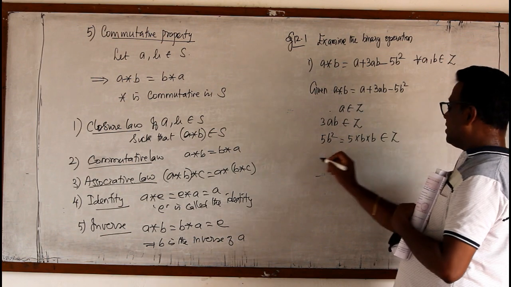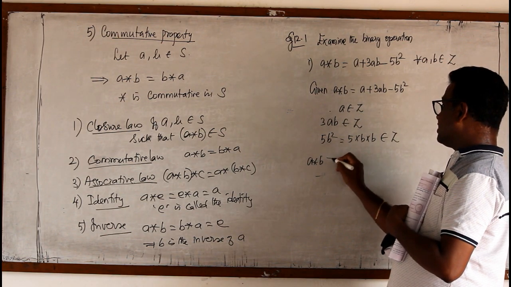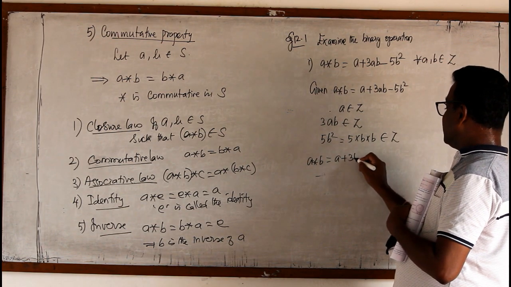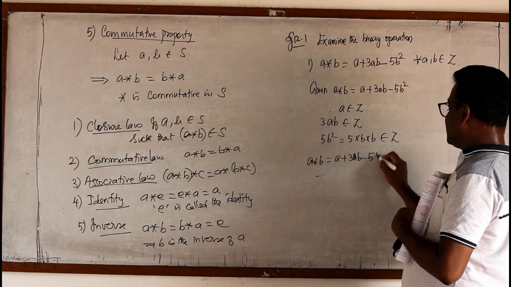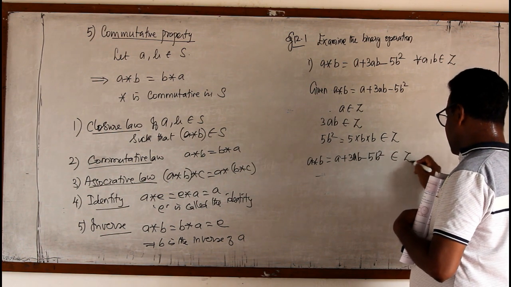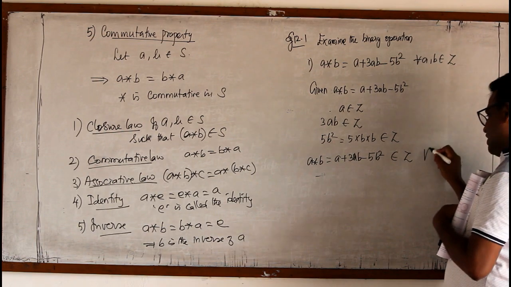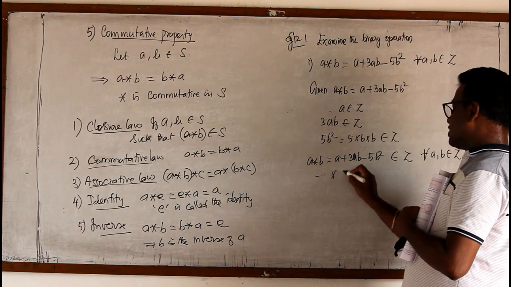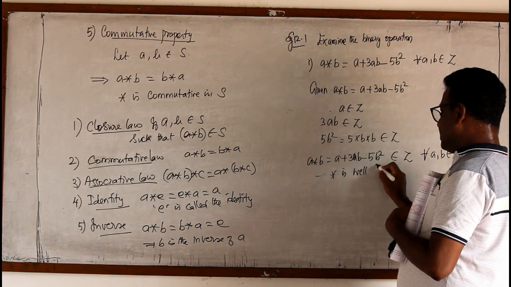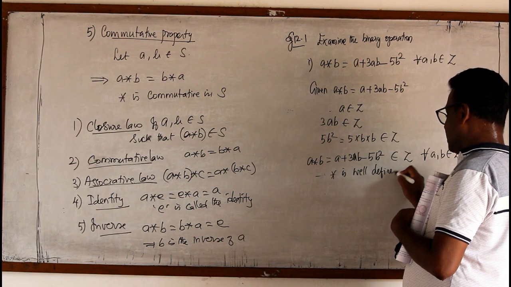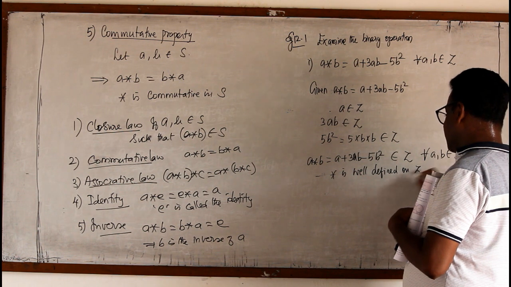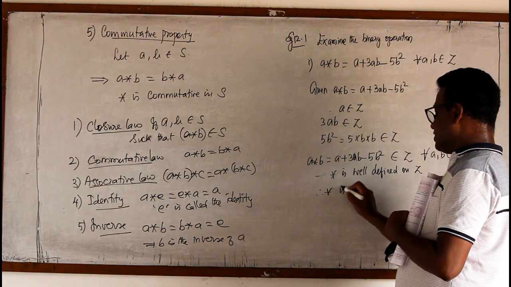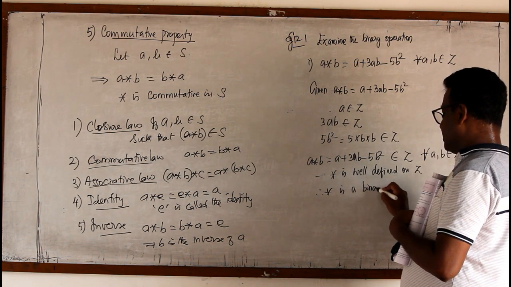So when I add or subtract, then A star B, which is A plus 3AB minus 5B square, definitely belongs to Z for any A, B belongs to Z. Therefore star is well defined on Z. Therefore star is a binary operation.